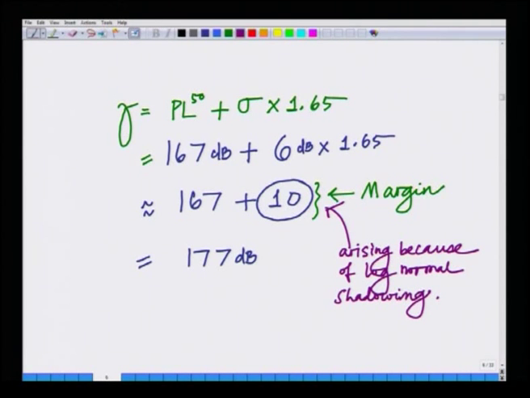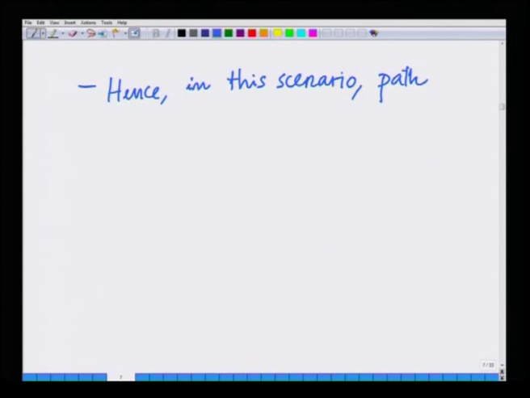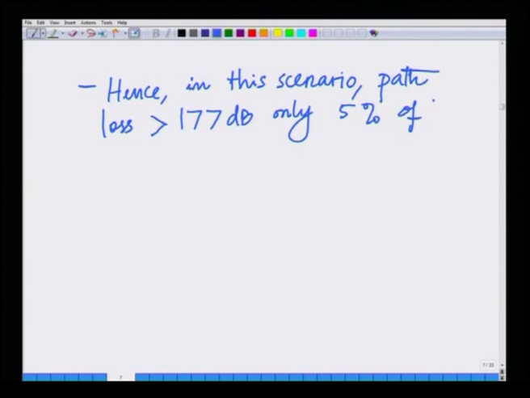Hence, now we can claim that in this scenario the path loss is greater than 177 dB only 5% of the time.